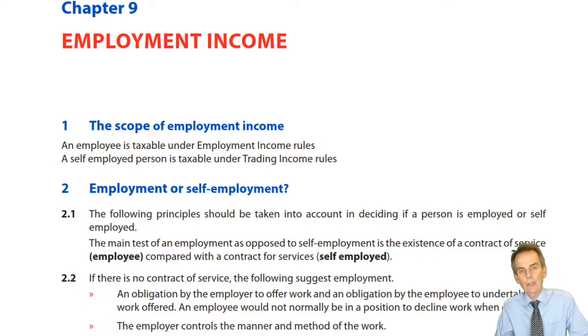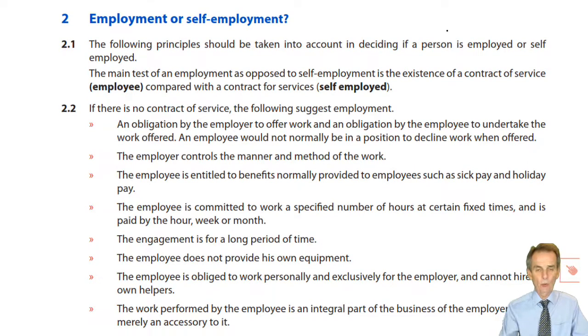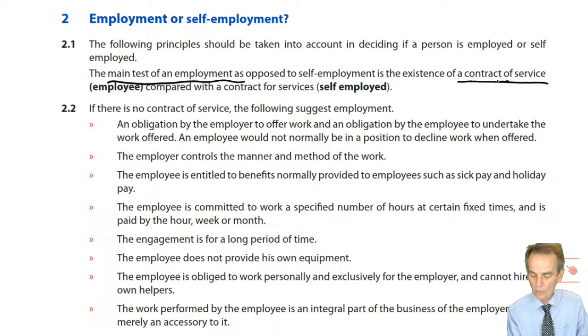about the differences between what is employment income and what is self-employment. Again, you'll see that notably in section 2 of the notes here, where we differentiate between what is either a contract of service, which is basically what employment is, the main test of an employment, as opposed to self-employment, is the existence of a contract of service.